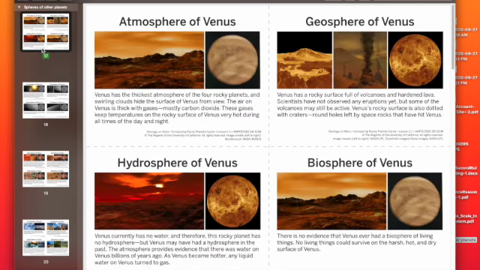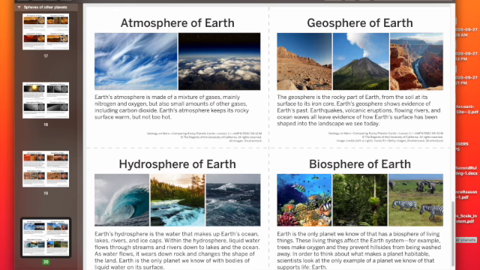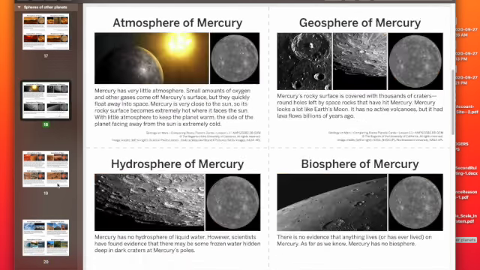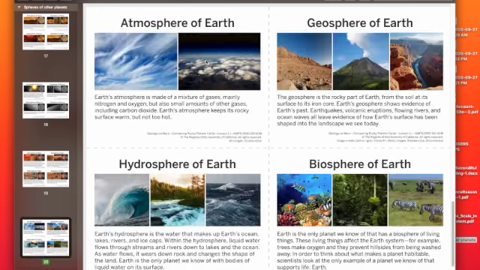There's going to be the atmosphere of Venus, the geosphere of Venus, the hydrosphere of Venus, and the biosphere of Venus. We have all of these 4 sections, these spheres, for each one of the planets we're studying, including Venus, Mercury, Mars, and of course, Earth.